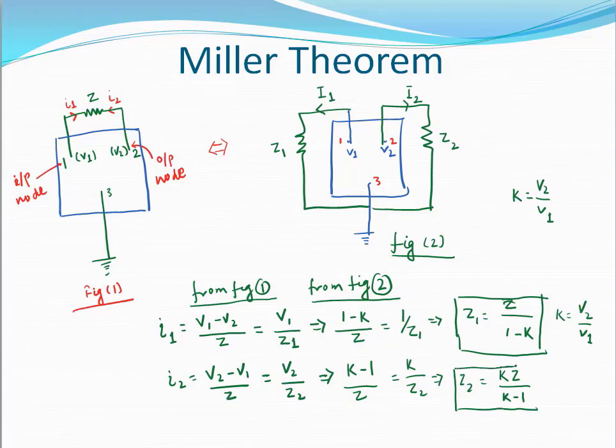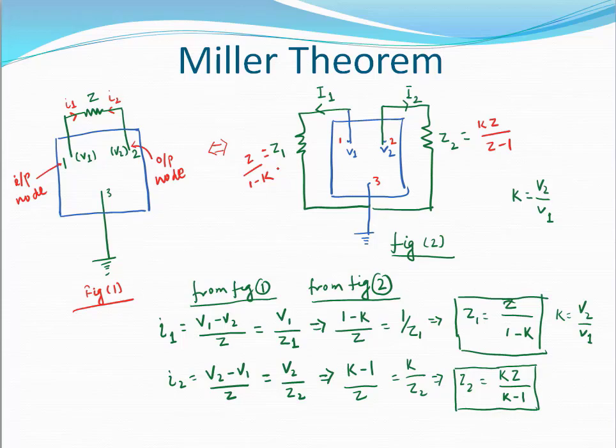From this we get the value of Z1 and Z2 here. So Z2 is equal to KZ by K minus 1, and Z1 is equal to Z by 1 minus K.